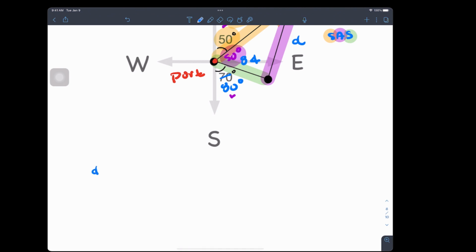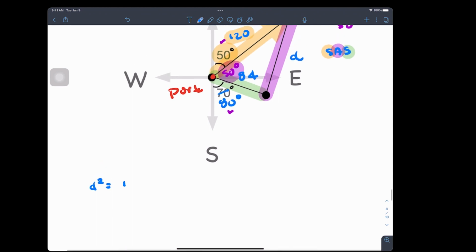Here we go. D squared equals what? You guys remember? 120 squared plus 84 squared minus 2 times 120 times 84 times the cosine of that 50 degrees.